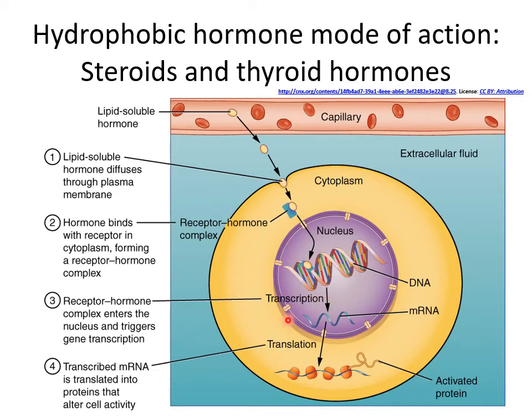And there it will trigger gene transcription, and that will influence what proteins are made in the cell. And by influencing what proteins are being made in the cell, we are going to directly influence the cell's activity.